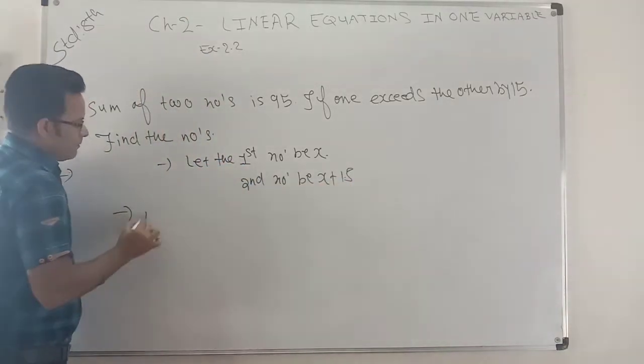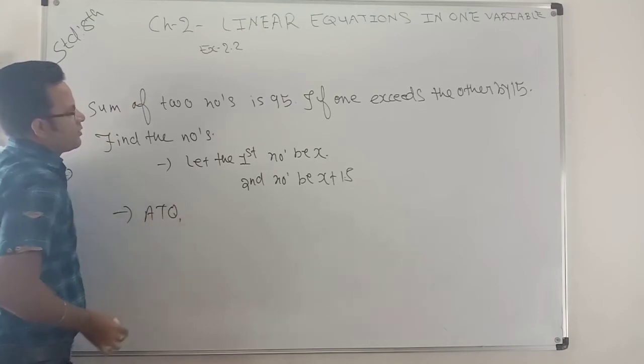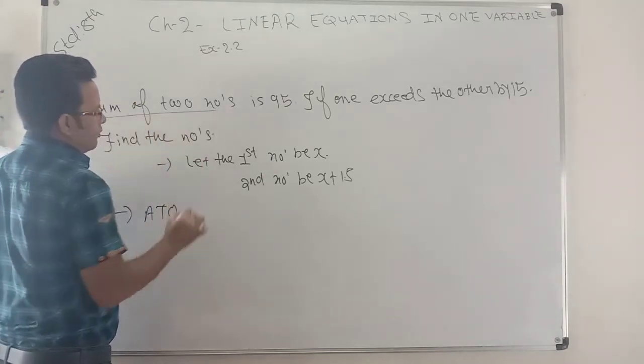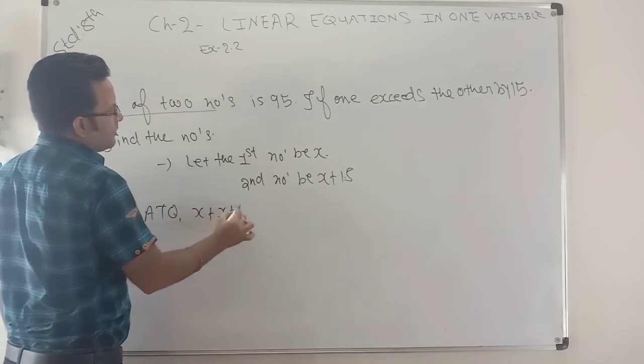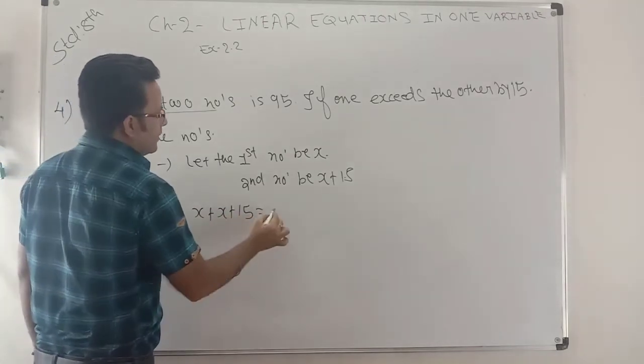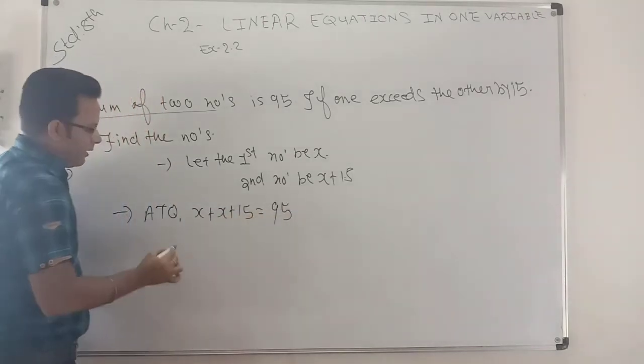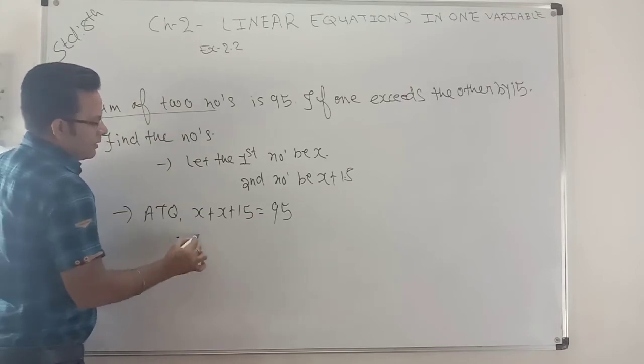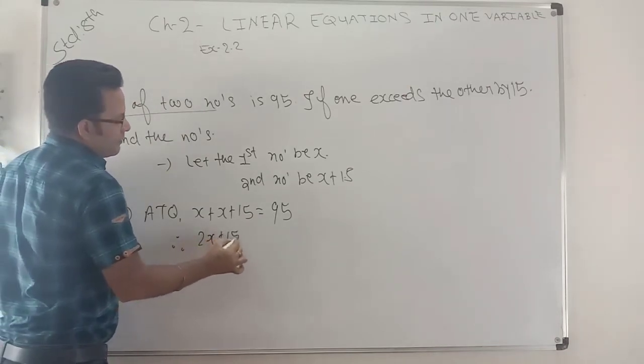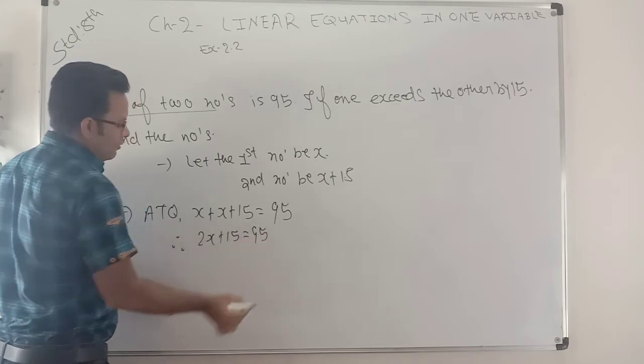Now according to the question, you have to make sum of two numbers, means x plus x plus 15 is equal to 95. Therefore 2x plus 15 is equal to 95.